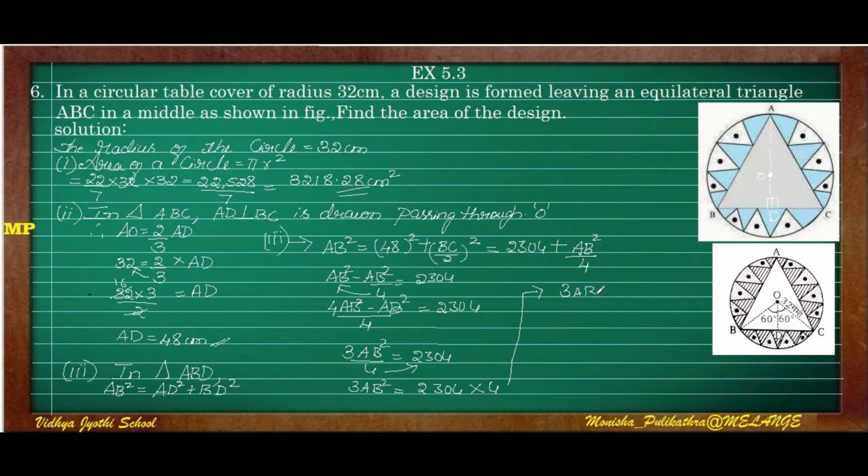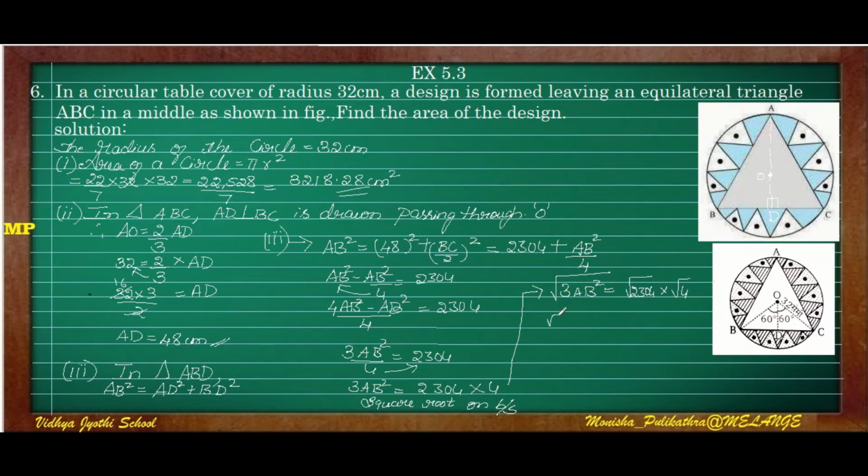So 3AB square, we can take the square root on both sides. So I will write square root on both sides, square root of 2304 and root 4.